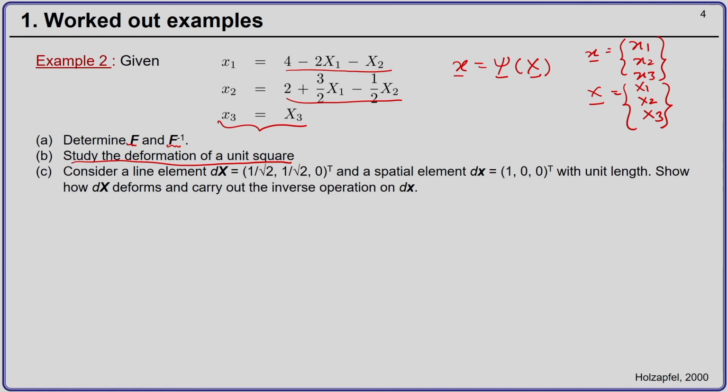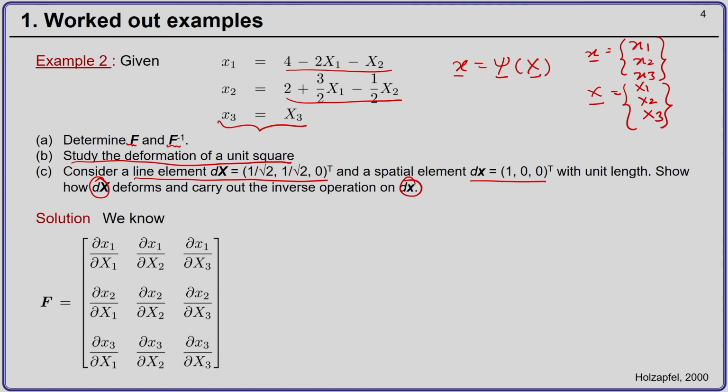And finally, we want to consider a line element dX given by 1 by root 2, 1 by root 2, 0, and a spatial element dx equal to 1, 0, 0 of unit lengths. We want to see how the material element dX and the spatial element dx deform. Okay. So, let us start.